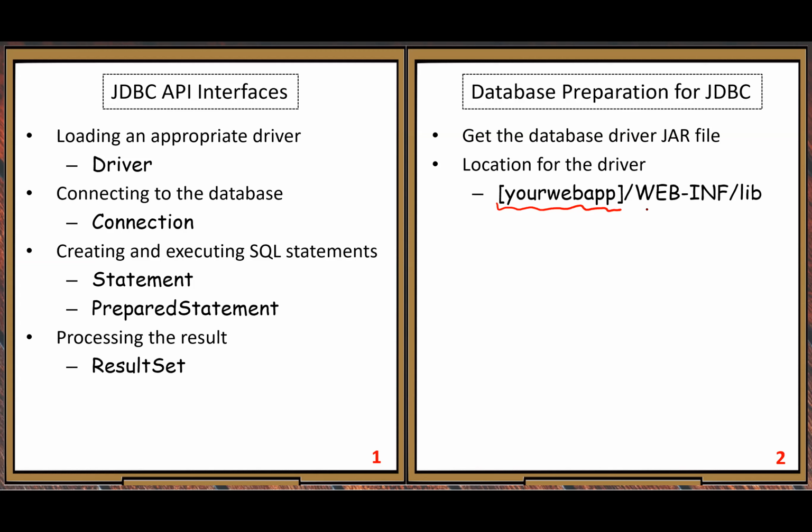Under that, you have the WEB-INF folder, then inside that folder, you have a lib folder, library. Now, this is the right place. You place your JDBC driver's jar file in this folder. All right, so this is the first right location you can place it, but there is another location you can also place it.